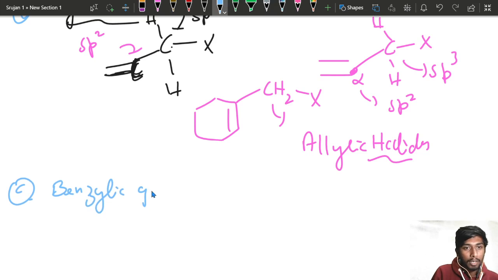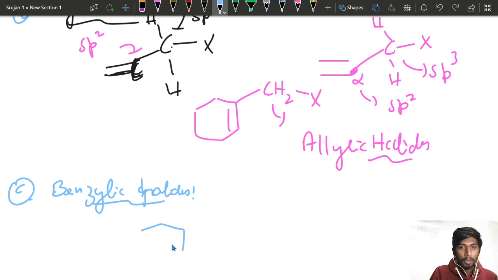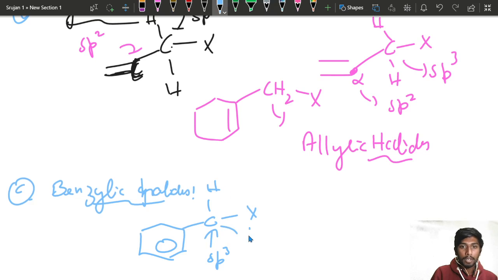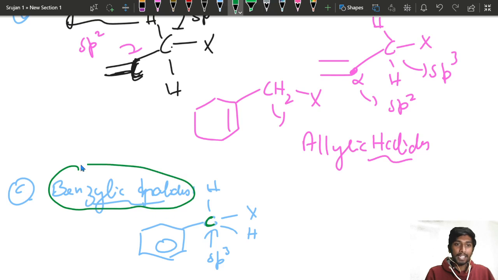So this is a benzene attached to a carbon; this carbon is purely sp3 hybridized, no doubt in this. This type of classification is called benzylic halides.